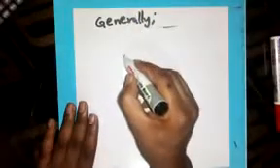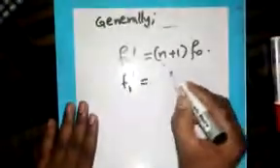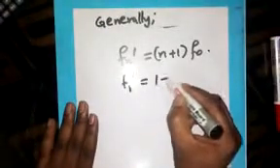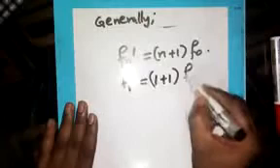But what about the overtones? The overtones are given by the formula Fn bar equals n plus 1 times F naught. What does it mean? If n is 1, F1 bar will be equal to 1 plus 1 times F naught.